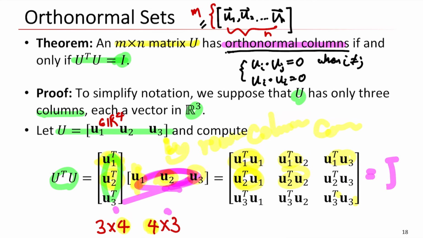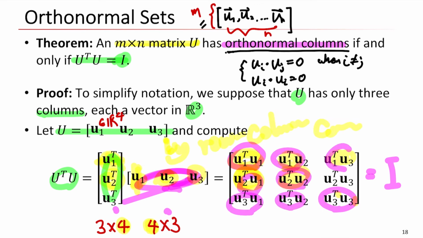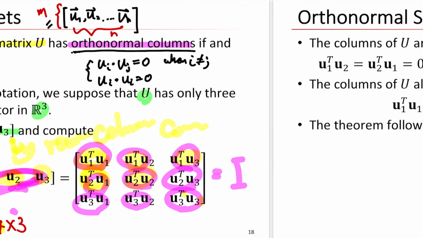Okay. So we want to show this matrix is the identity matrix, right? So what does it mean? The diagonal terms are equal to 1, and the remaining terms should be 0, right?